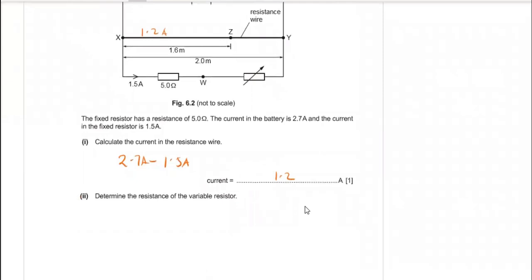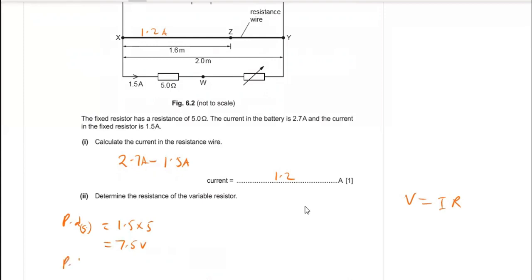The PD across the 5 ohm resistor is given by IR, so this will be 1.5 times 5, which gives us 7.5 volts.